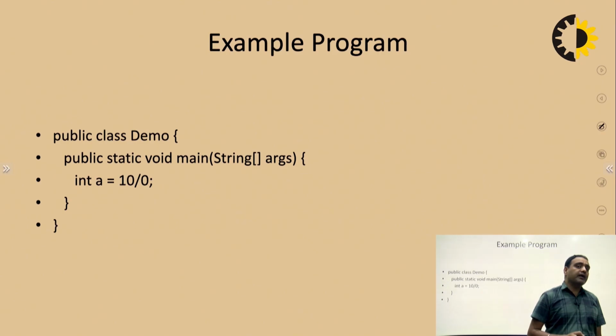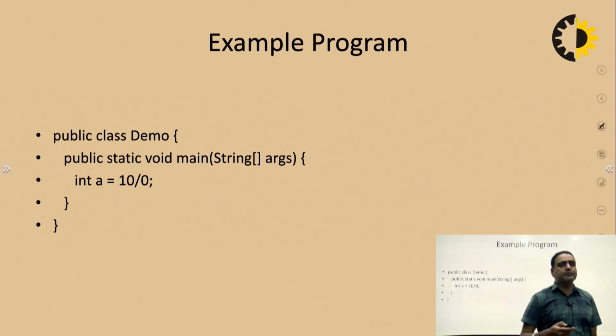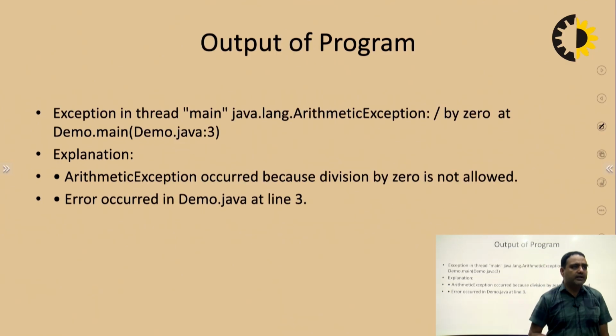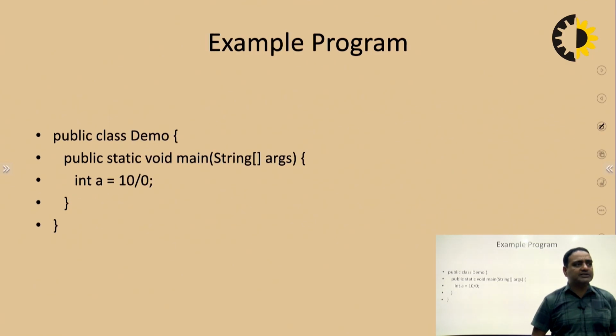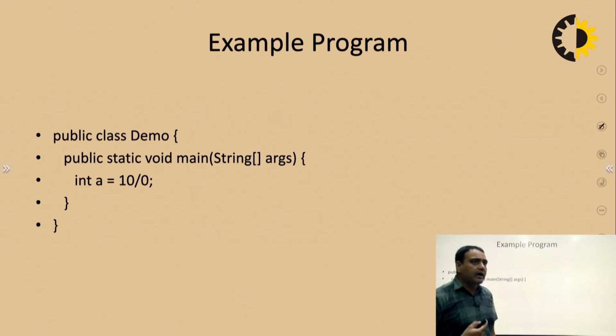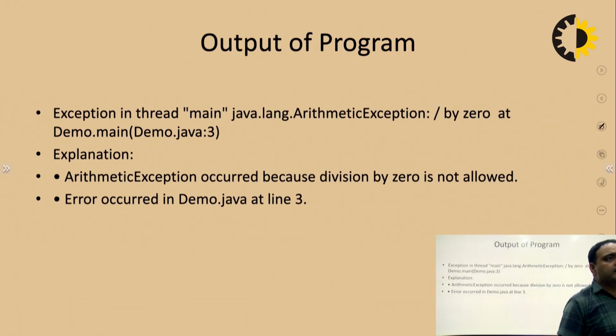So how can we handle this particular exception? In earlier slides, you saw that this exception is handled by ArithmeticException. So what is the exception in thread main? You can find out the error, that is 10 / 0, through Exception in thread main java.lang.ArithmeticException.